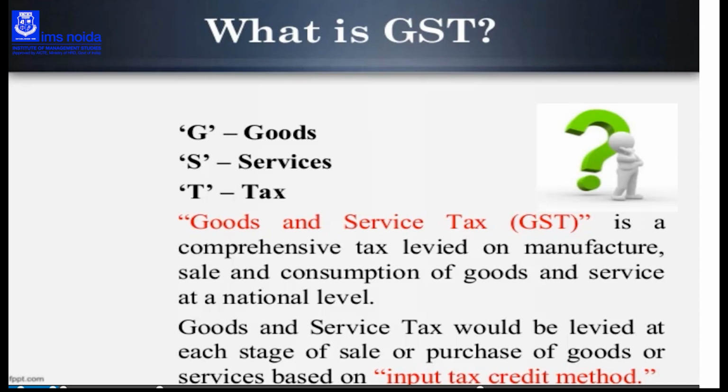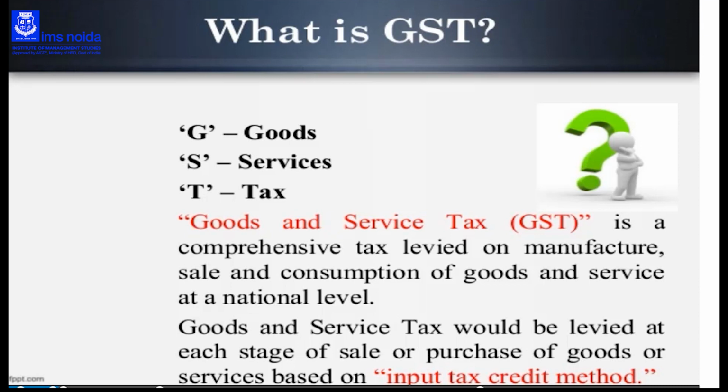As we have previously discussed, what is an indirect tax? Indirect tax is a tax which we pay indirectly to the government through a government representative, and it is levied on goods and services which we consume. So what is GST?